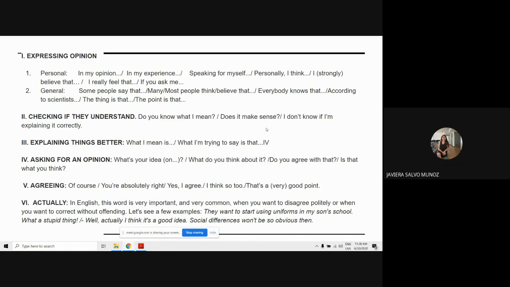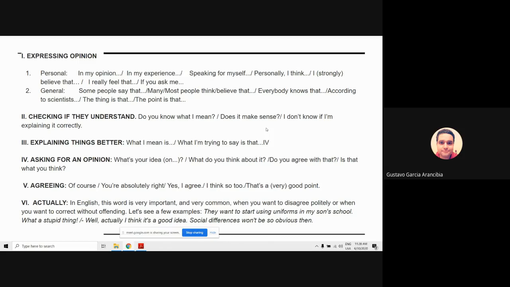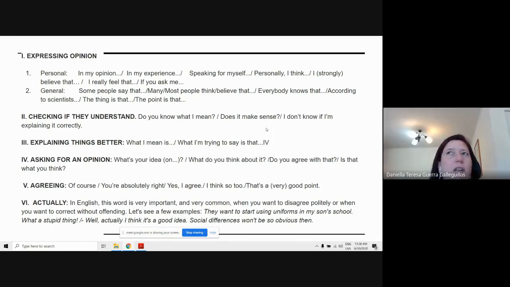Súper bien. Excelente. Gustavo. Yo tengo una pregunta con respecto al punto 6, al "actually". Yo, por ejemplo, generalmente digo "I actually", como "yo actualmente", pero eso está muy mal.